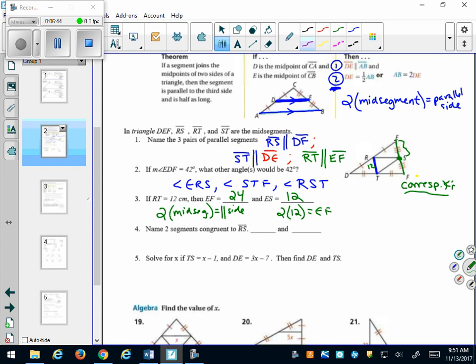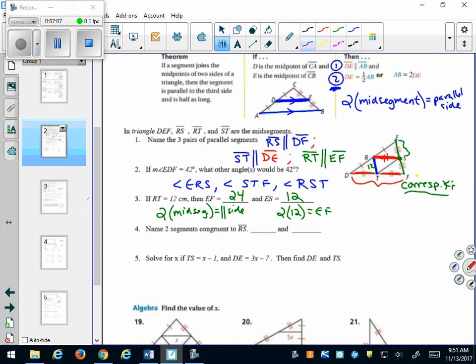Name 2 segments congruent to RS. Well, here's RS. Remember, it's half of the parallel side, which is cut in half. So the 3 red segments are actually congruent to each other.